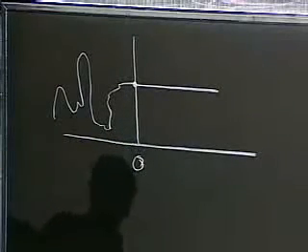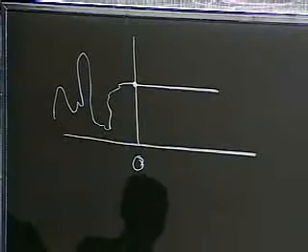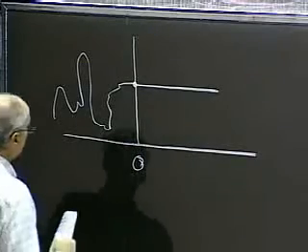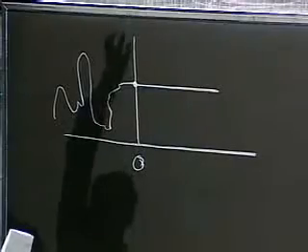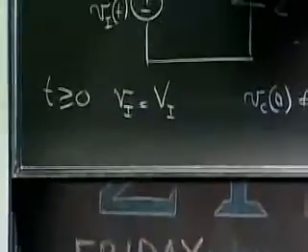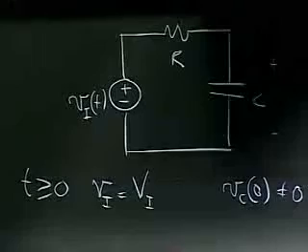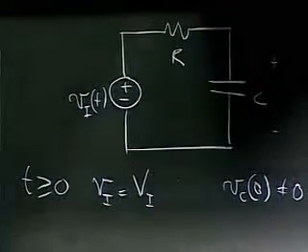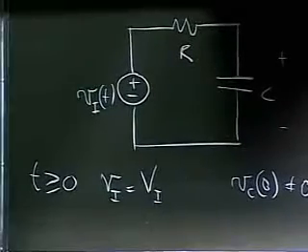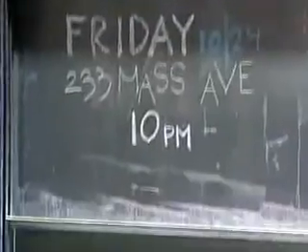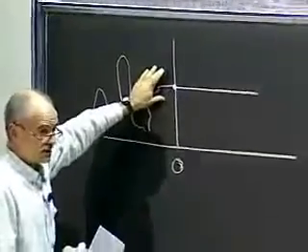Now, there is an implicit statement in that, and the statement is that somehow that network appears like this at t equals 0. So there has to be some switch there, and that basically starts my condition at t equals 0.